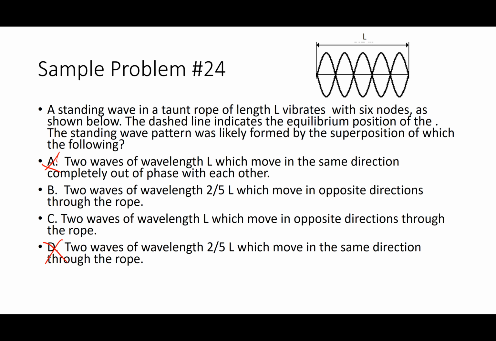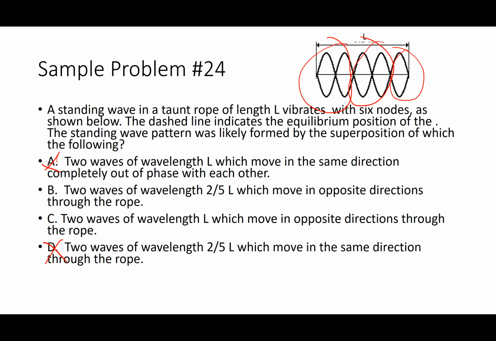So the other thing that we need to look at is the wavelength. Remember that one wave is made of 2 complete loops. So if we look at the length of the string, there's one complete wavelength, another complete wavelength, and then a half of a wavelength.